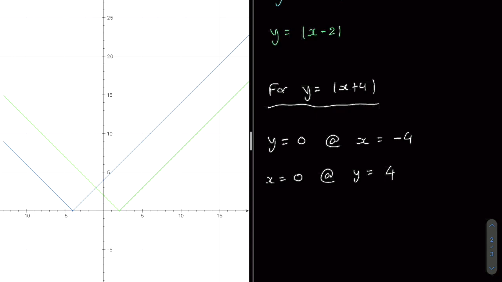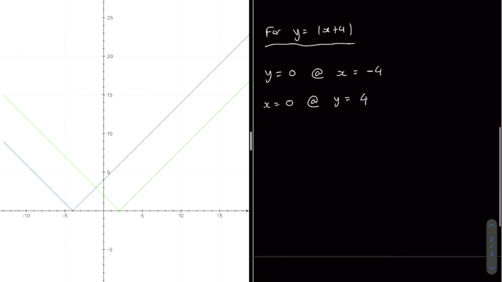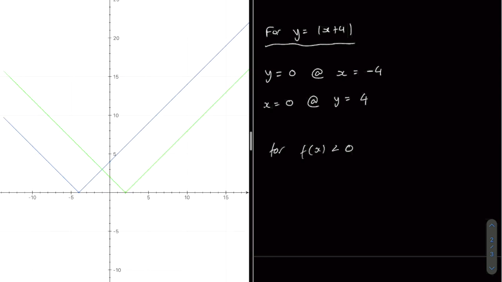And you'll notice here that for f of x smaller than 0, so whenever the y value is smaller than 0, when I say f of x, I'm really referring to x plus 4 in this example.